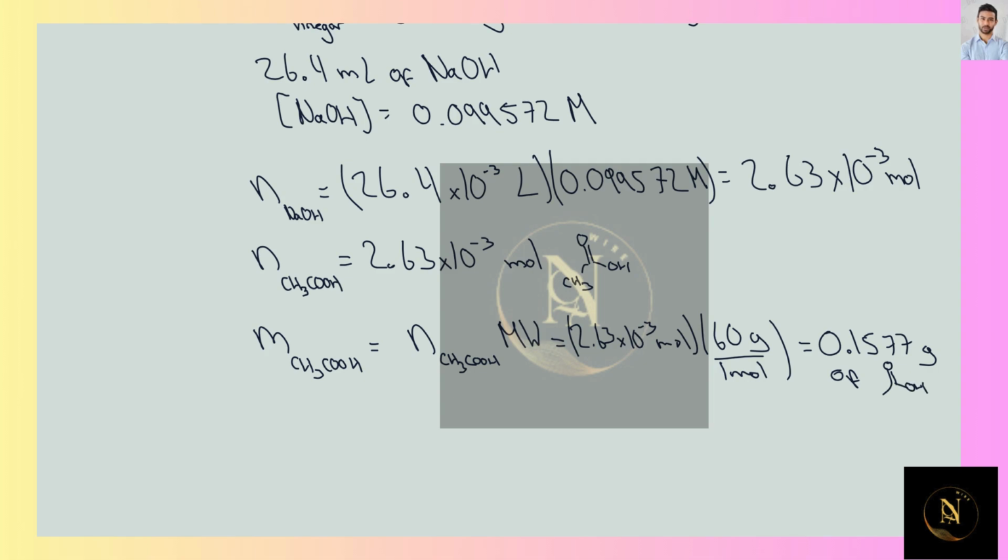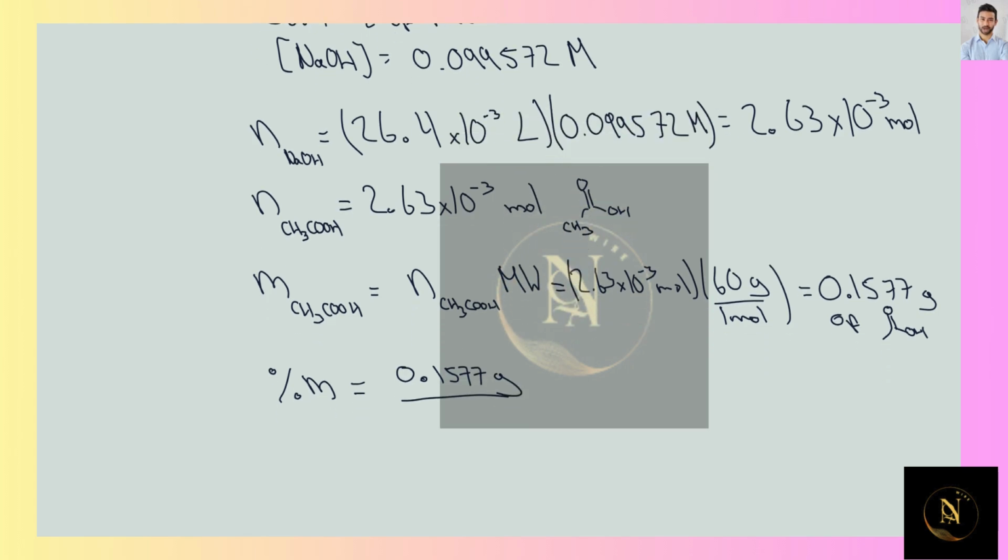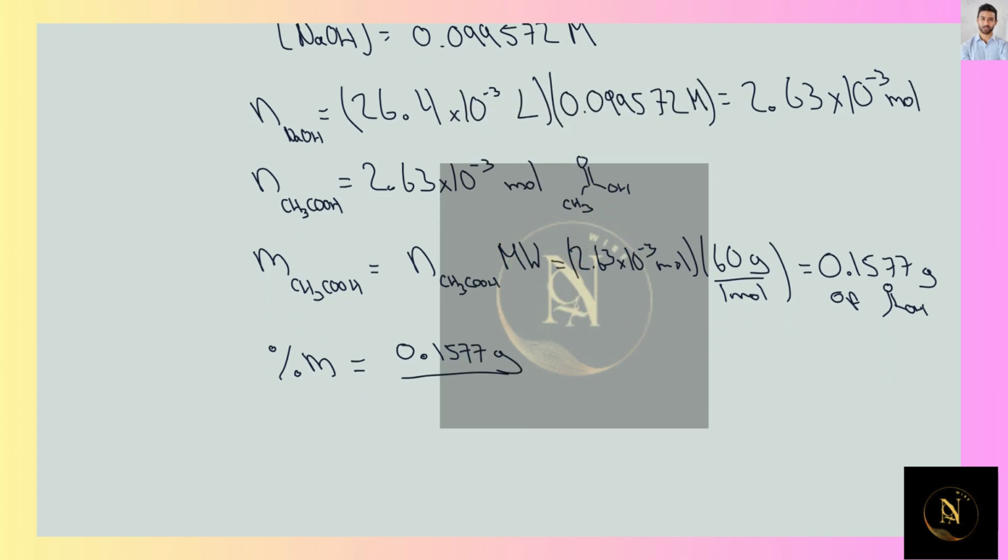The next question that we need to solve is the percent by mass of acetic acid. In order to know that, we're going to divide the amount of acetic acid that we found by the total mass of the sample, which was 2.988 as per your table.